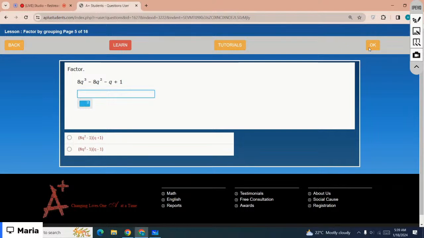The correct option is option number 2, 8q squared minus 1 and q minus 1. Option number 2 is the correct option, right?